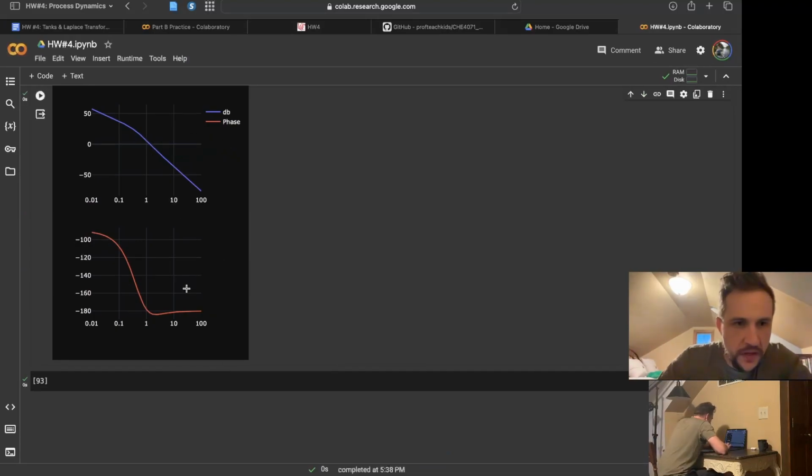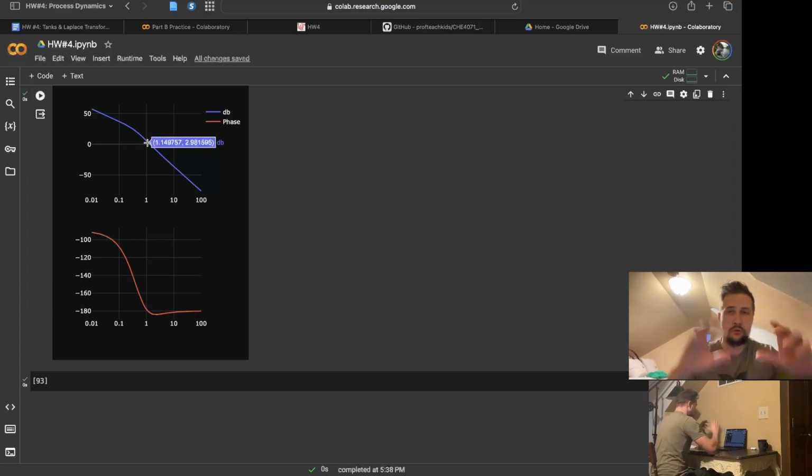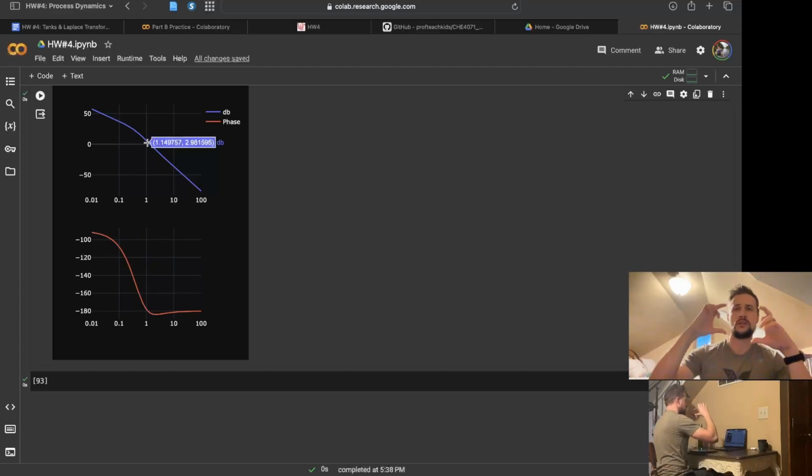Okay, what we see here is we still have our crossover frequency at 1.15, whereas before it was like negative 6.5 something. Now, at 1.15, we're at a decibel amplitude ratio of 2.98. So we're greater than that amplitude ratio of 1, meaning our output is going to continue to be larger and continue to increase the input signals that it receives.